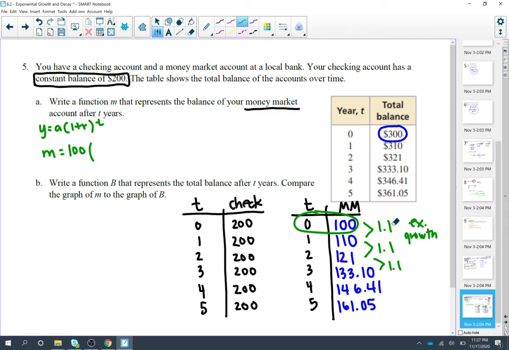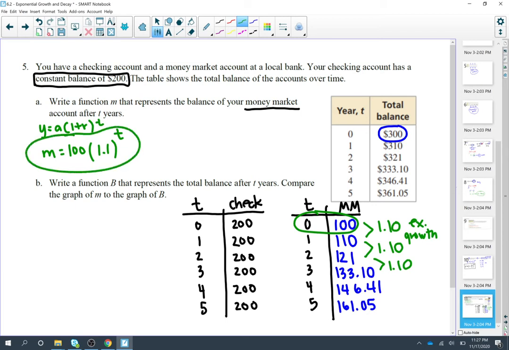My growth rate is 10%. This 1 plus is already here, so 1 plus r is 1.1, which is 1 plus 10%. So when we substitute this in, we just leave the 1.1 to the power of t.